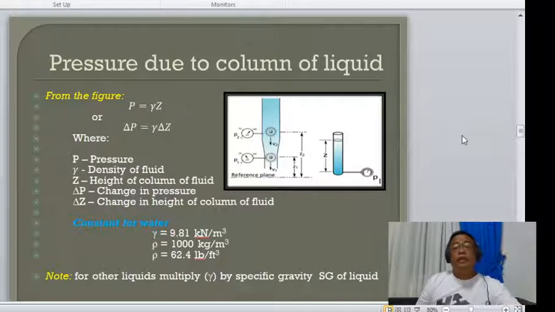Let us now proceed to the pressure due to a column of liquid.